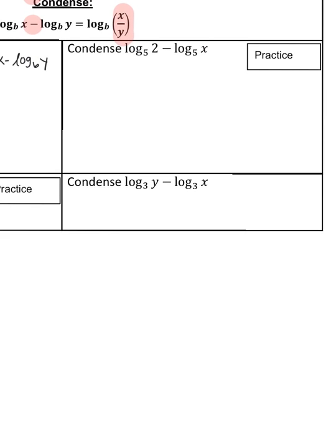Okay, let's try this one down here. So this time we're going to be condensing. So right now it's in the long form. We want to make it look like log base b of x divided by y. I probably shouldn't have put equals there. I don't mean equals, I just mean this is the formula that we're going to be using to help us. Okay, so mine's going to be log base 3 of y divided by x.